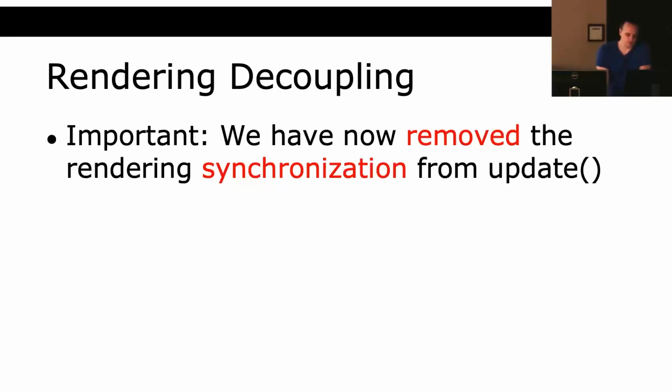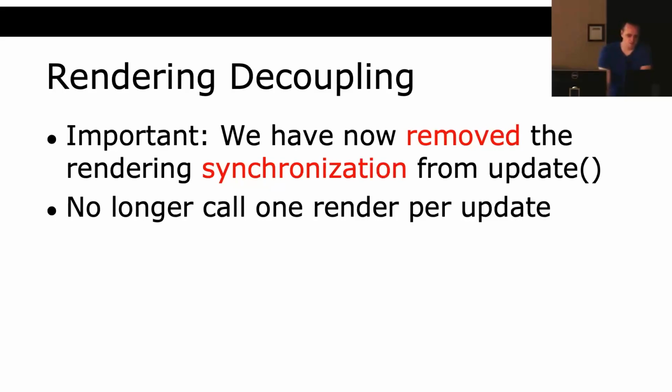Okay, so now what we've done is we have removed the synchronization between game update steps and rendering, right? We could do, instead of just update, render, update, render, update, render, we could have multiple updates per render. So we no longer call render once per update.